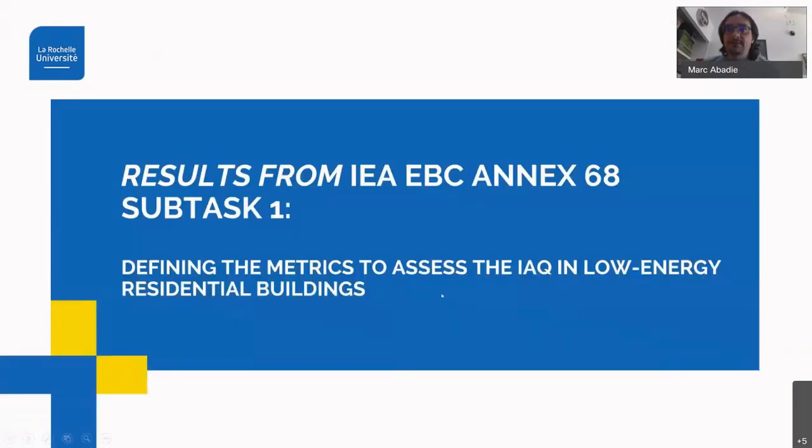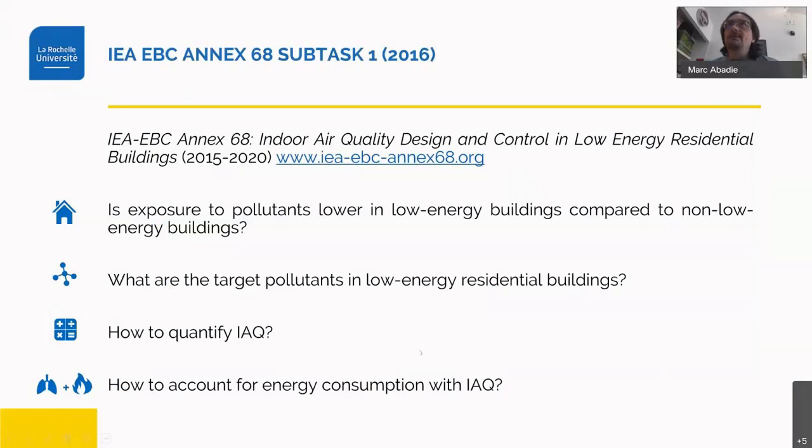So the first part is about subtask 1. The subtask 1 lasts just 1 year. It was 1 year of work at the beginning of the project. And we wanted to answer 4 different questions. Firstly, we wanted to have a look at the pollution level in low energy buildings, because the focus was low energy buildings in this annex, and we wanted to compare it to older buildings.